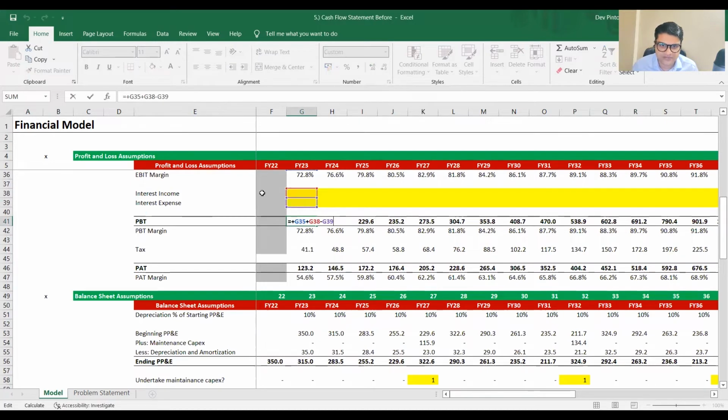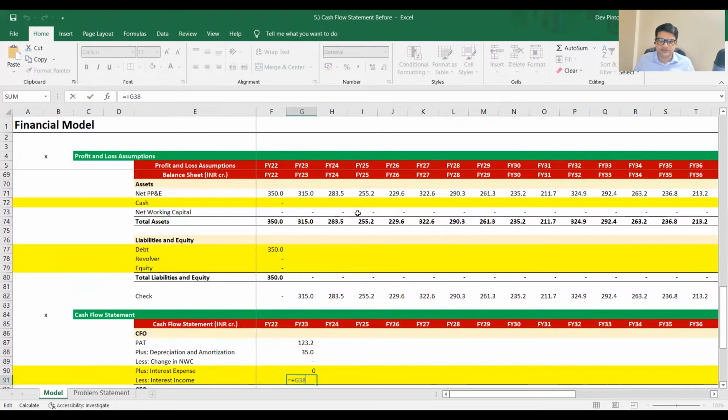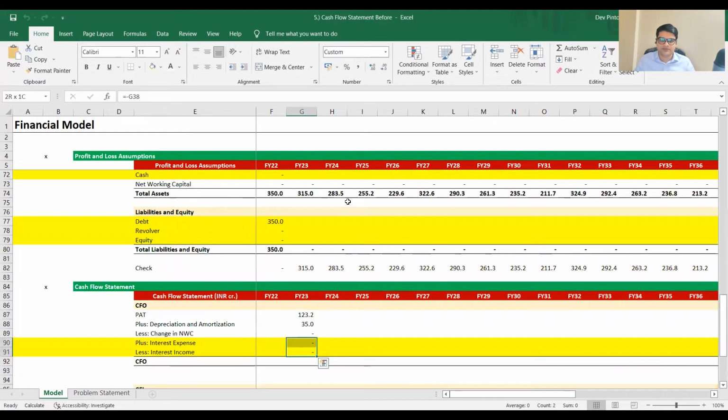We've subtracted minus 39, so this will be positive. So yeah, that's fine. And then this will be nothing but interest income. It has to be minused, right? Because this will be a positive number that we are adding to the EBIT. We're adding G38. Yeah, that's correct.